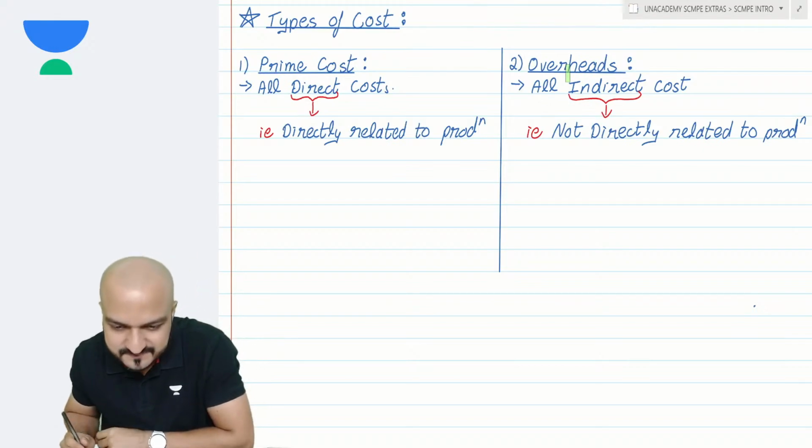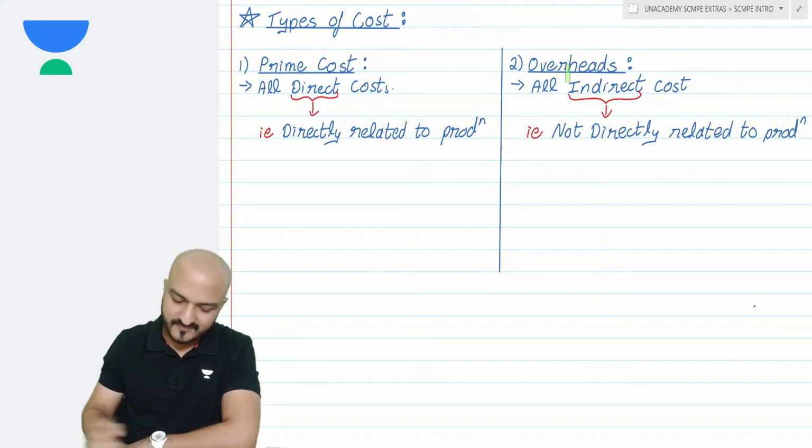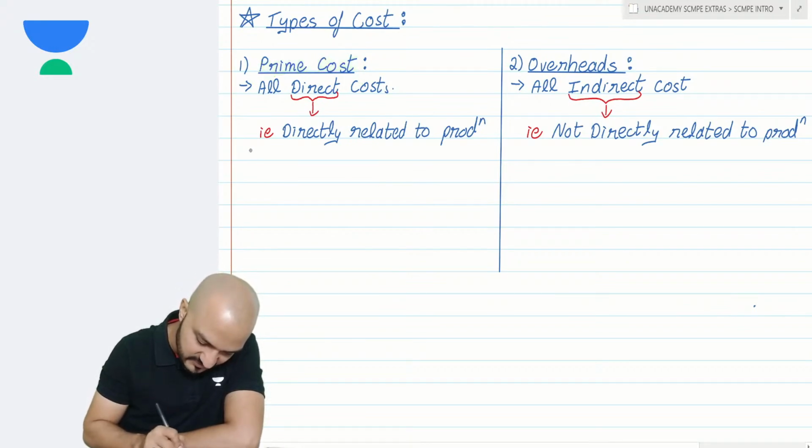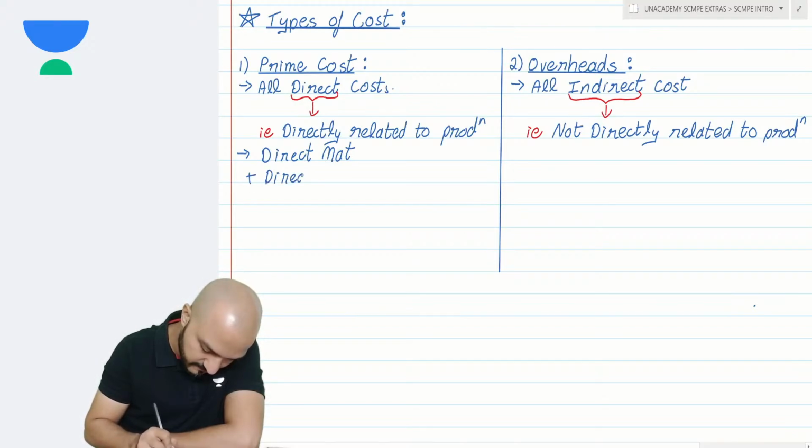Okay, let us do that first. So prime cost is all items of direct cost, which includes direct material, direct labor, and direct expenses.